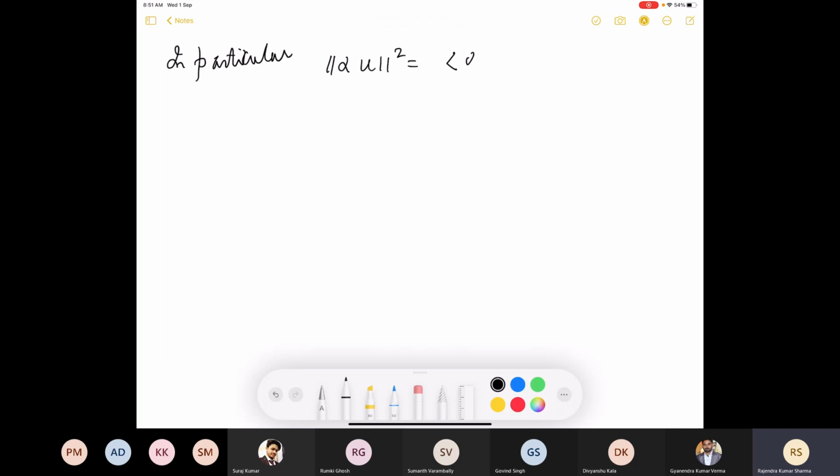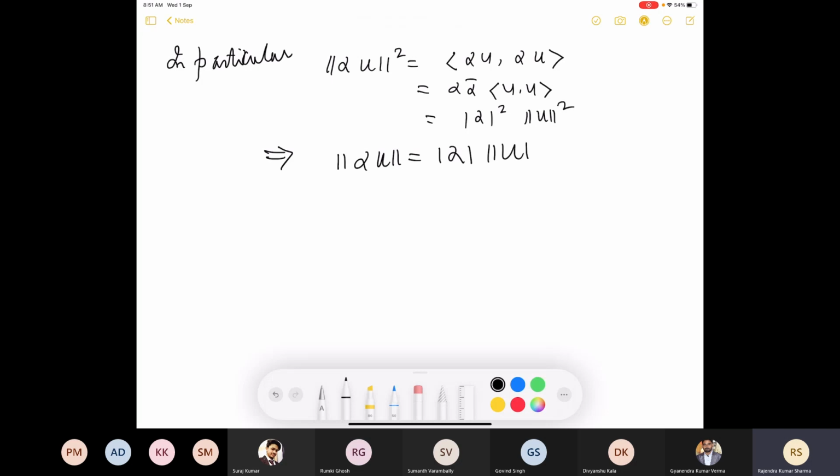This is alpha u comma alpha u, and that will give you that this is same as your alpha alpha bar, so alpha alpha bar u comma u. This is what it is. This is mod alpha square norm of u square. And taking the positive square root, you get that norm of alpha u is same as mod of alpha times norm of u. So like that, simple observations also make sense.